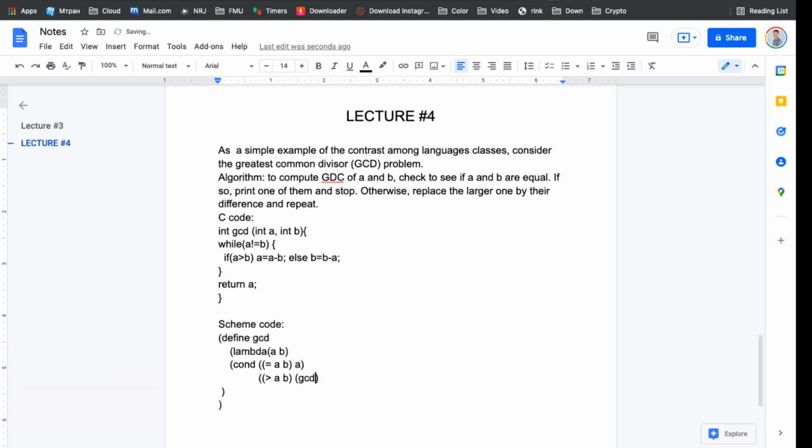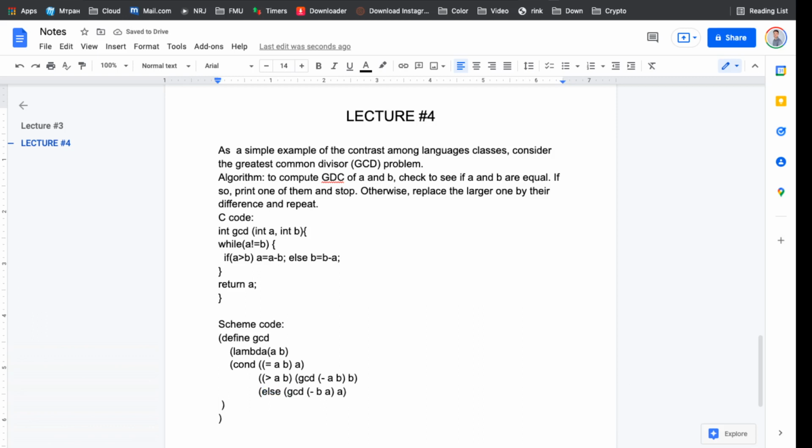We call GCD on minus A B, and B. And the opposite, so I guess it's else, so this is not really needed. Else GCD of minus B A, and A. Yeah, so that's the Scheme code.